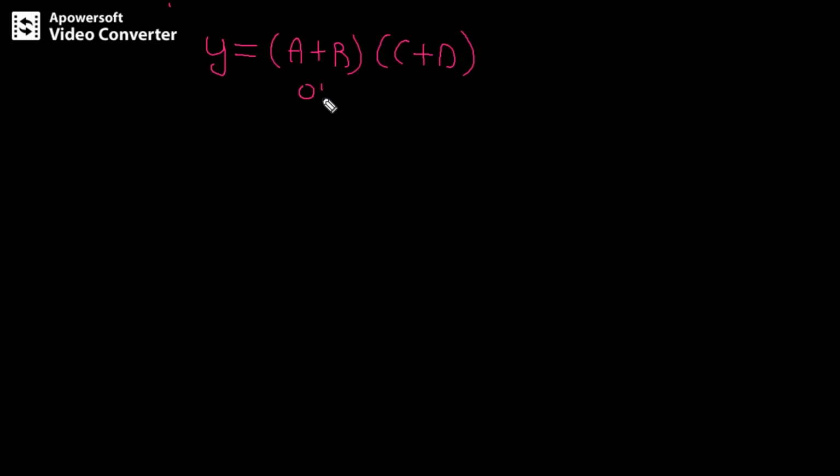This is one OR function and this is one more OR function. Both OR functions are finally ANDed together. So we have one AND function and two OR functions. To build the circuit diagram for this expression, we need two OR gates and one AND gate.